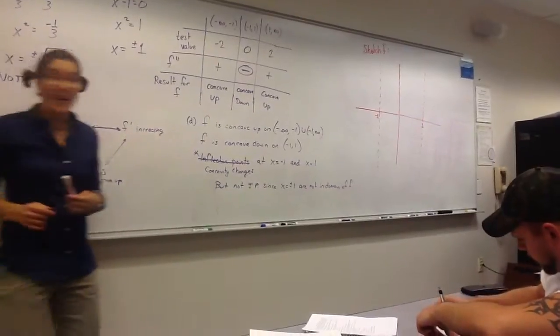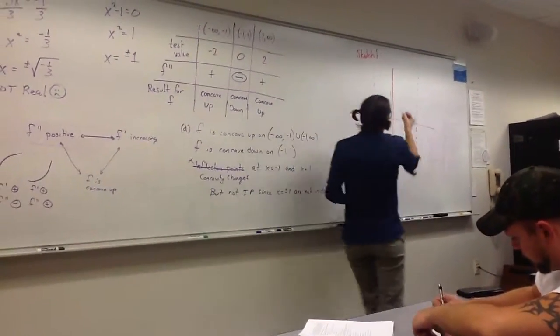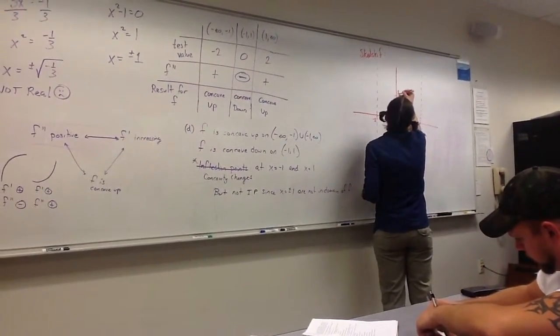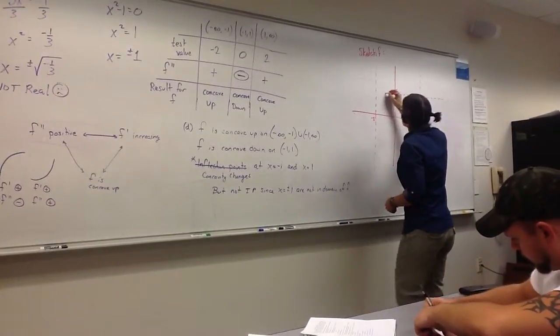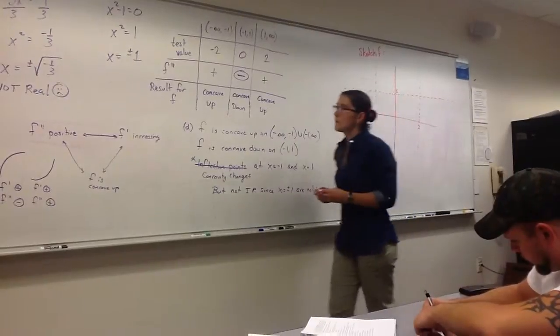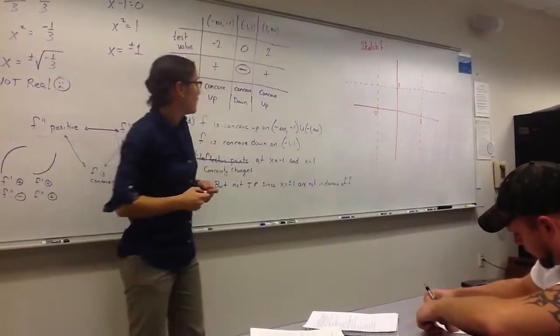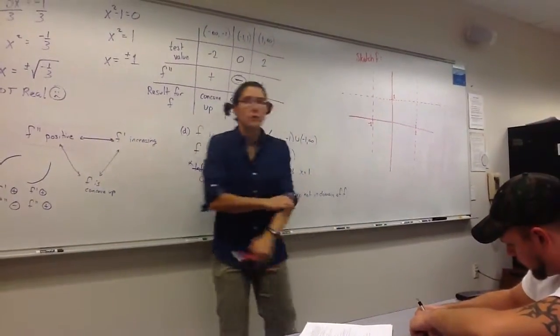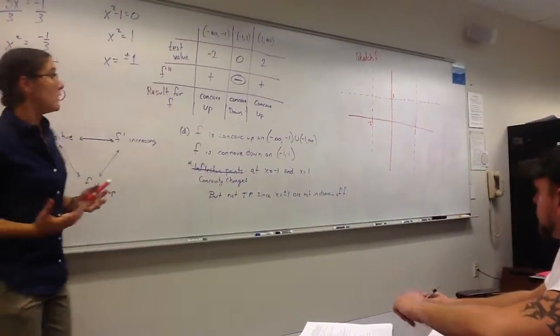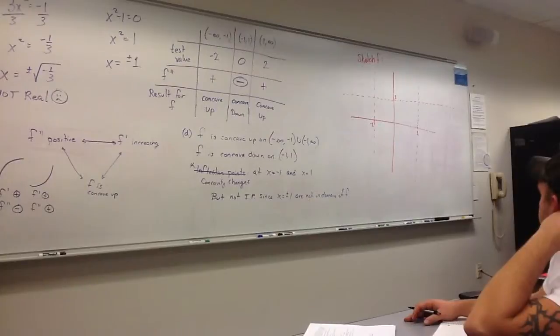And we have a horizontal asymptote at y is equal to 1. Okay, so here is sort of the grid that we're going to be working with.